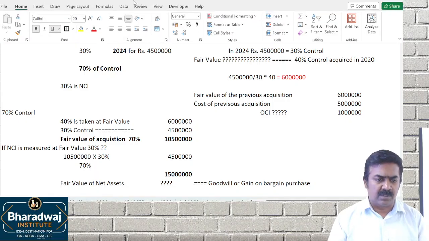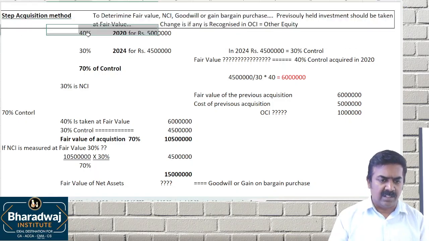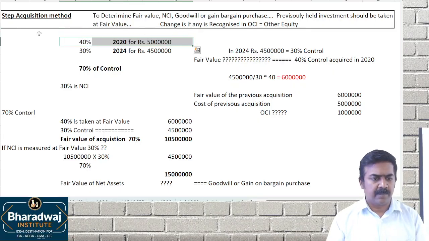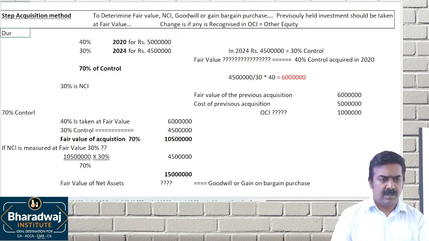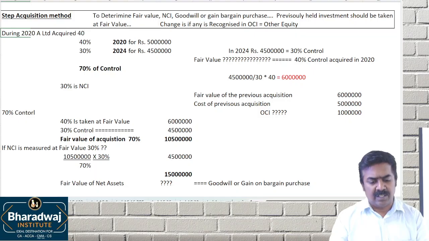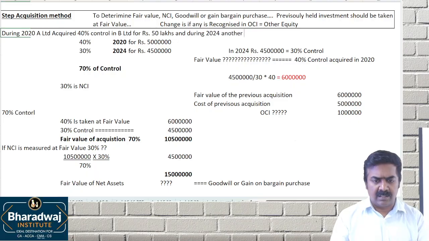First, I request you to note this. Then I will give it in the form of an organized example. During 2020, A Limited acquired 40% control in B Limited, and during 2024, another 30% for rupees 45 lakhs.